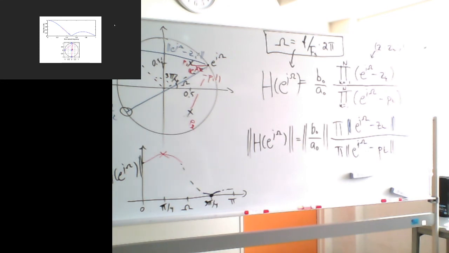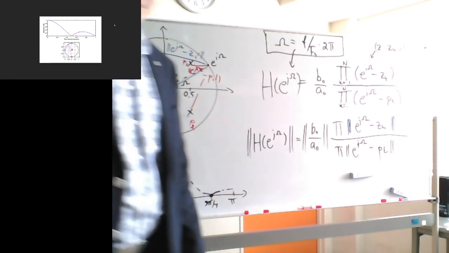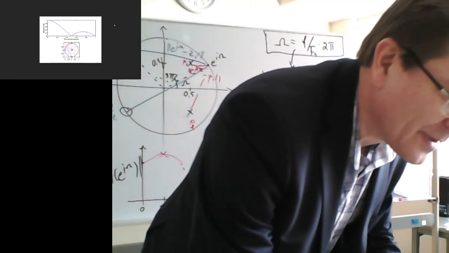So that's the e to the j omega right there, and this is that 4-point running average filter amplitude response and the zero-pole plot. Wow.